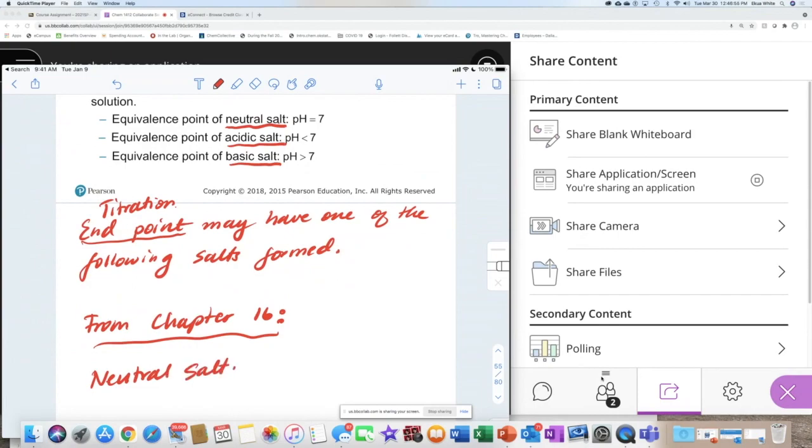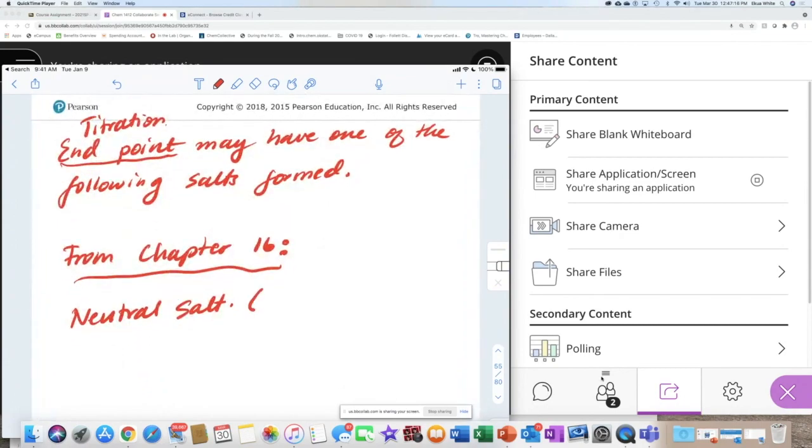Remember chapter 16, I equated salt to children. I know this is very unconventional, but this is what helped me to quickly grasp and recall the information, and then it gave me time to understand it. Okay, the neutral salt is the offspring.